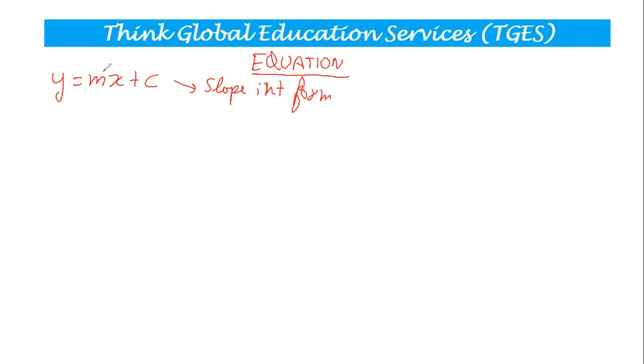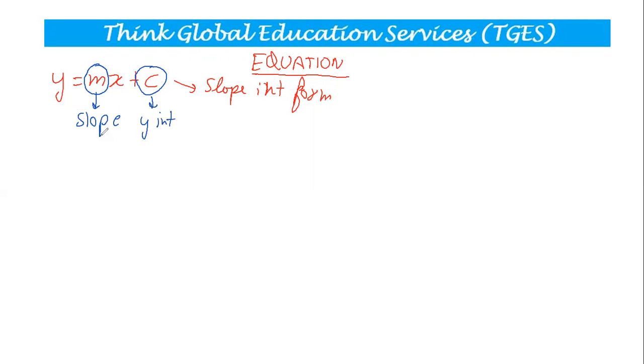Now, why is it called slope intercept form? Because in this particular equation, the value of m is nothing but the slope, and this c is nothing but the y-intercept.